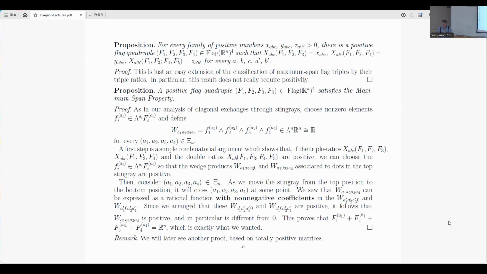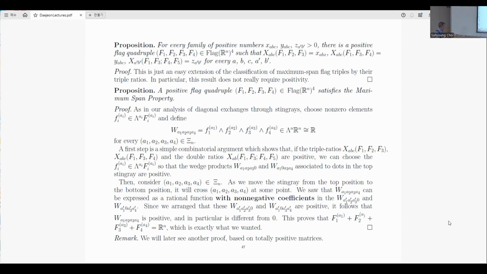And if the triple ratio is positive, that tells you something about the signs of these 6 wedge products. It tells you that they go together. And so you play a little bit with the combinatorics, seeing what you can change and what you cannot change. It's a very easy lemma. And so you can make all of those here positive.